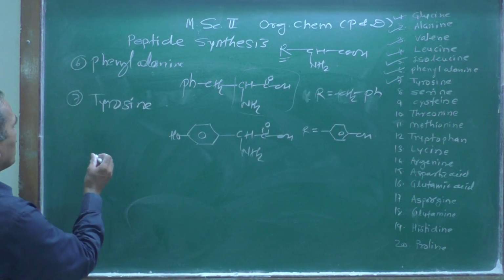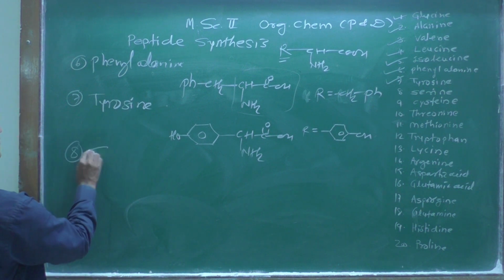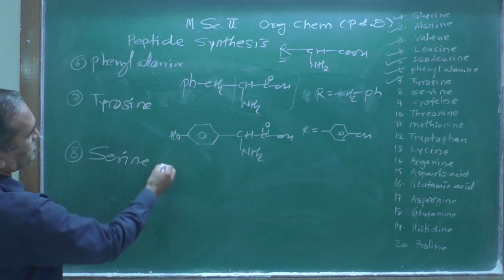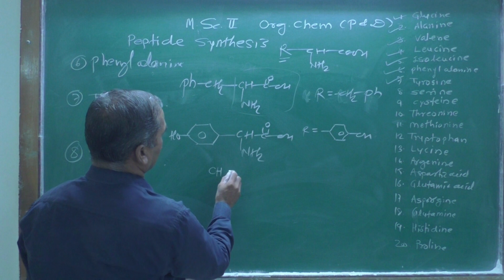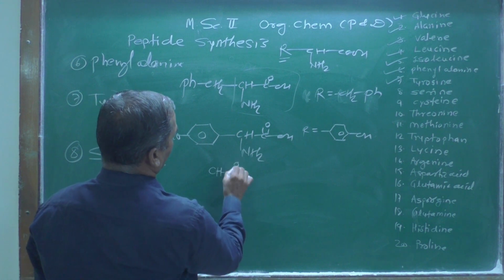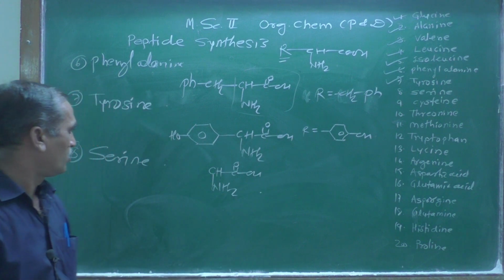Now structure number 8 is serine. All are amino acid structures. The common alpha amino acid part remains as it is, CH, C double bond OH and NH2.